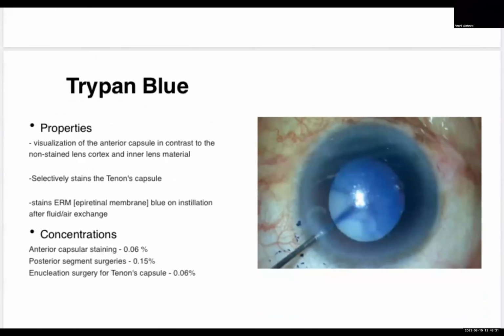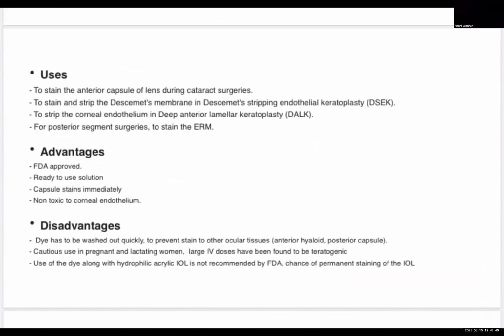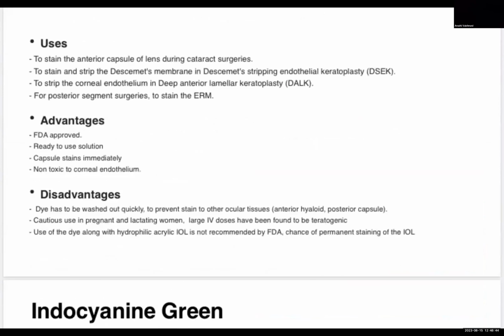Trypan blue helps in visualizing the anterior capsule by selectively staining Tenon's capsule and epiretinal membrane. It is used in staining the anterior lens capsule during cataract surgeries and to stain and strip the Descemet's membrane in DSEK and to strip the corneal endothelium in DALK. It is also used for posterior segment surgeries to stain the ERM.